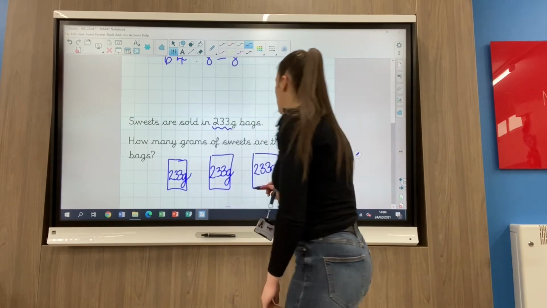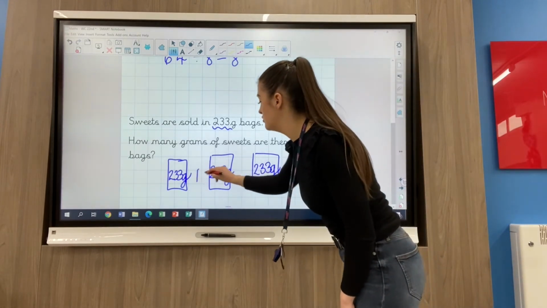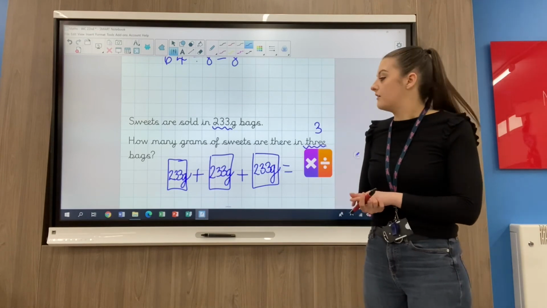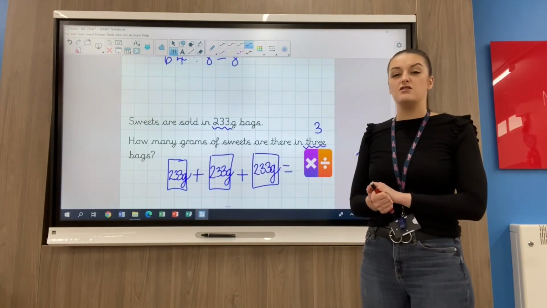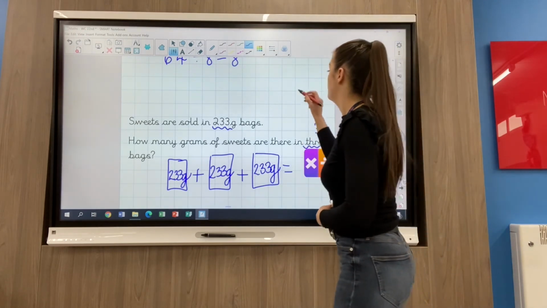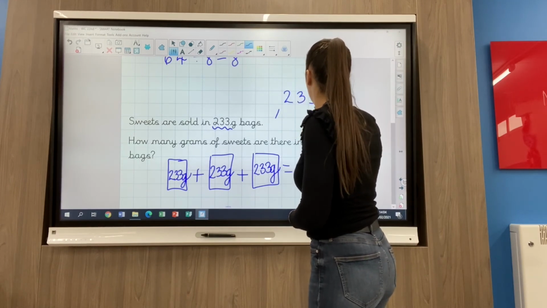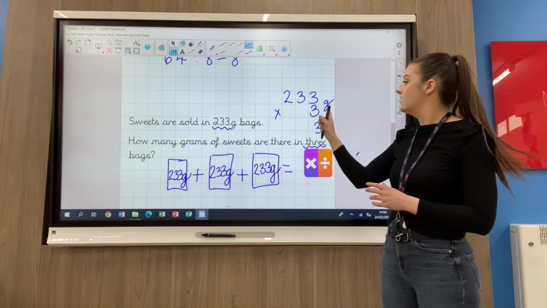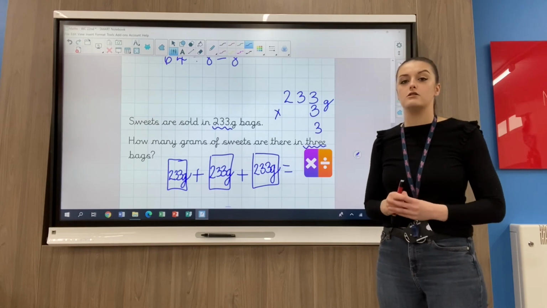So some of you might want to do a repeated addition for this type of question and add up your 3 bags of sweets. But also, that's 3 lots of 233 grams. So remember, some of you might want to put that in a short multiplication. 233 multiplied by 3. Okay, so 233 grams multiplied by 3. So it's up to you which way you would like to do that.